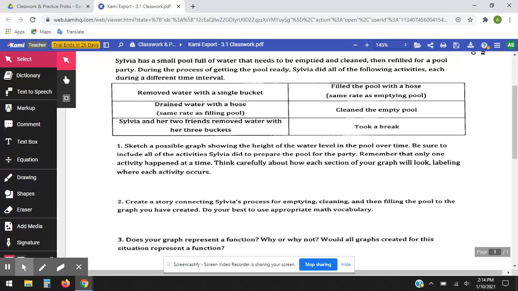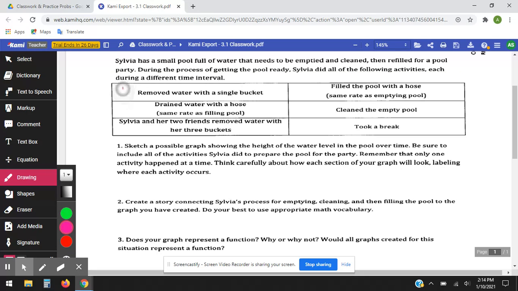So we could go completely in order, or we might say, you know what, I think what she probably did first, I'm going to say she removed water with the single bucket at first, decided that it was going to be faster if she drained it with the hose, and then she was kind of tired, so she took a break.